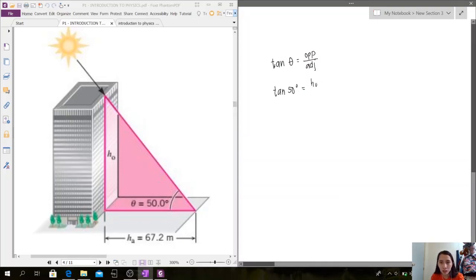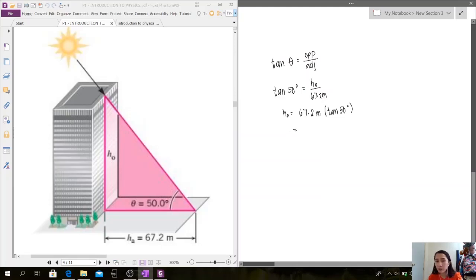Let's denote that as HO. And the adjacent side, that is equal to 67.2 meters. So the height of the building is equal to 67.2 meters times tangent 50 degrees.